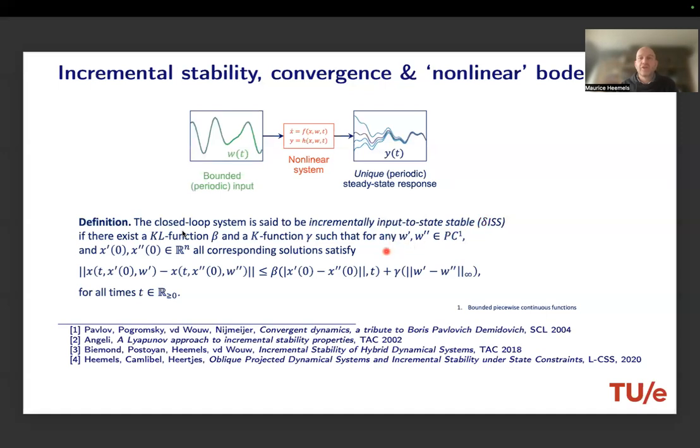It tells you that if you take two different inputs, w' and w'', and two different initial conditions, and look at the response of the system at time t, then the difference is upper bounded by a term going to 0, where beta is a KL function, related to the difference in initial conditions and vanishing as time goes to infinity, plus a term related to the L infinity norm of the difference between w' and w''. If you apply the same input for both initial conditions, this term is of course 0 and disappears.